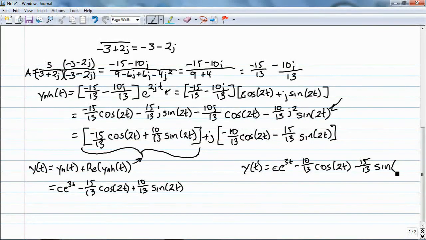And you can verify this by putting back into this equation this differential equation. This is a solution to this equation.